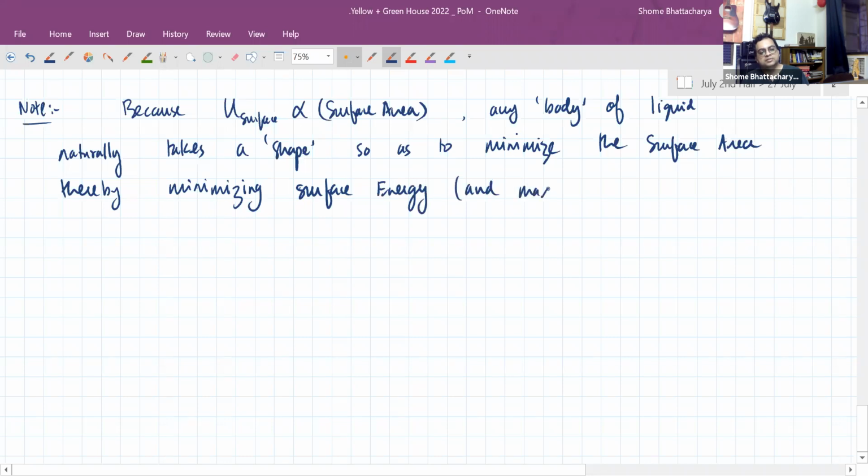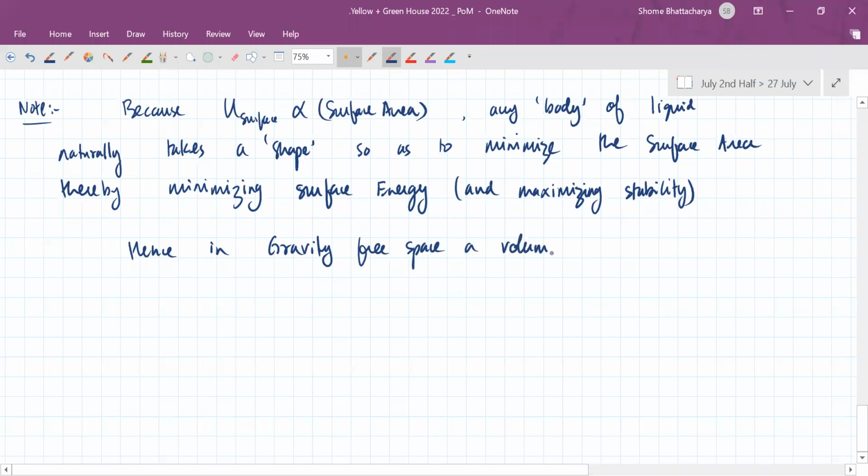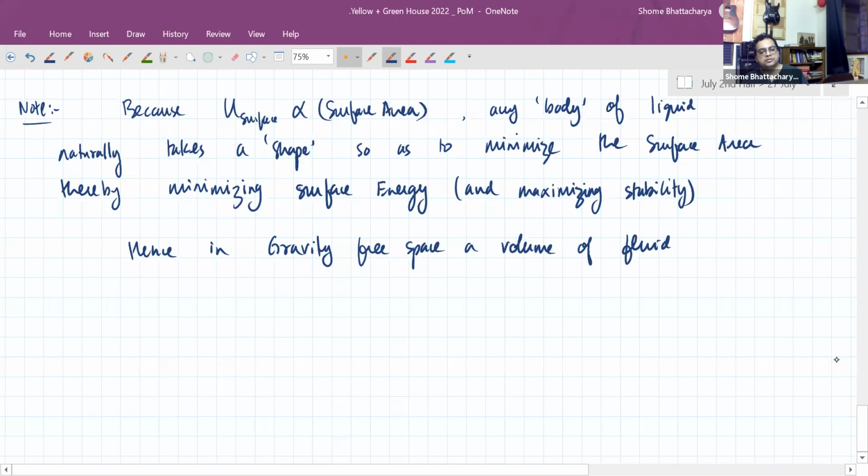And minimum energy means maximum stability. So maximizing stability. So hence, in gravity-free space or a gravity-free environment, a volume of fluid naturally takes a perfectly spherical shape.